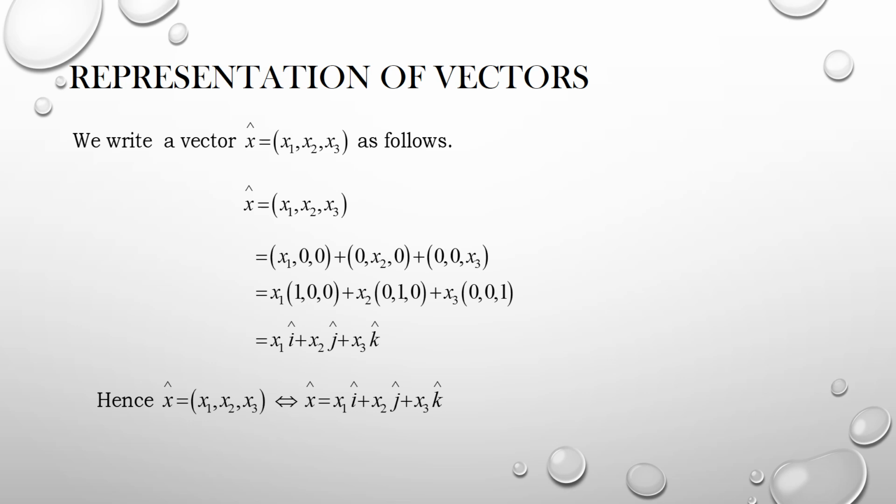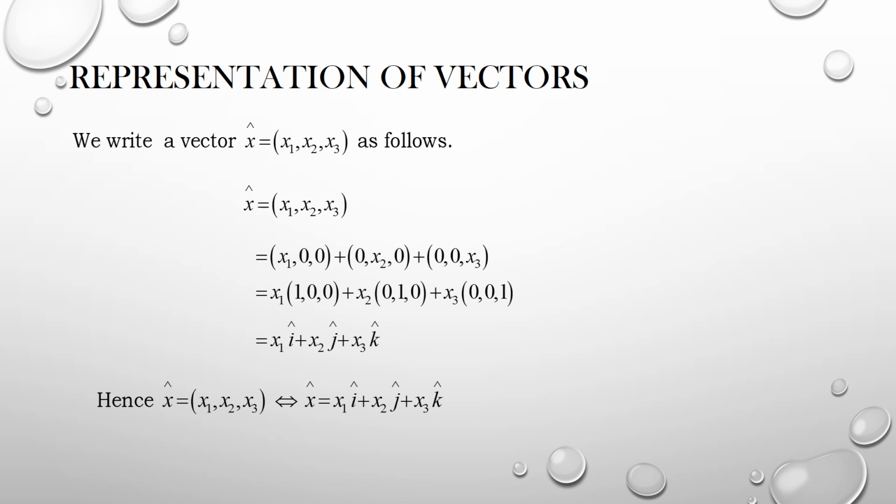Here, let us substitute i cap, j cap and k cap. Then the representation becomes x1 times i cap plus x2 times j cap plus x3 times k cap. The same vector x cap became x1 i cap plus x2 j cap plus x3 k cap.